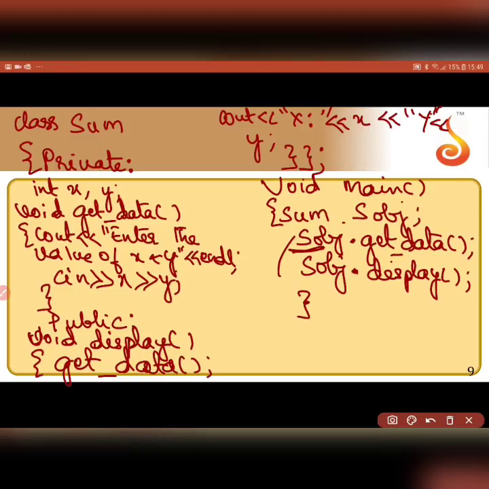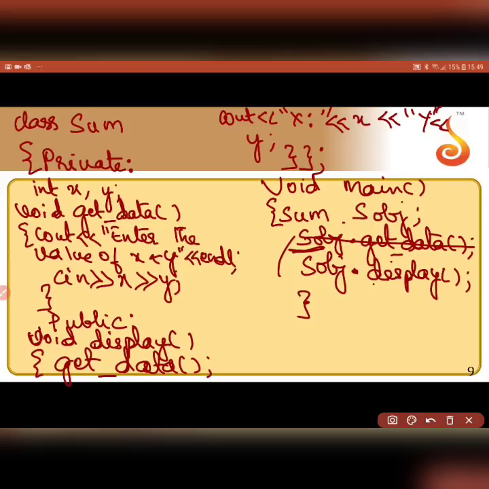Fine. I don't need an object here because both display and get data belong to the same class. So now SOBJ dot display will definitely execute this function, because it is in the public section.